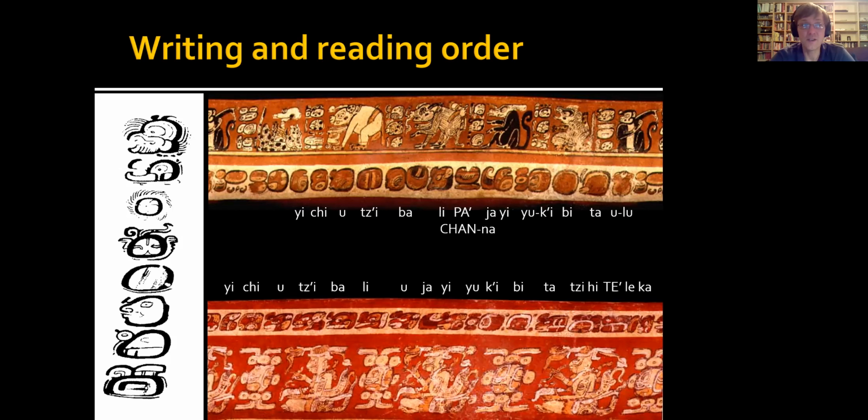And you can see Yichi Utsibali Uhai Yukib Tatsi Tel Cacao. The surface, the decorated surface of a fine serving vessel, the drinking utensil for Citel flavored chocolate. Or as the other inscription says, Pachan Hai Yukipta Ul.